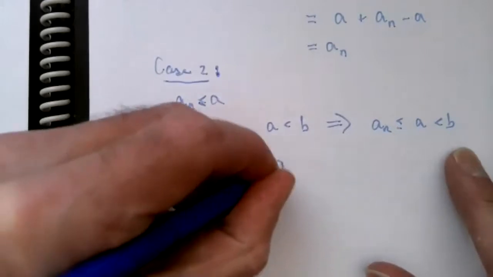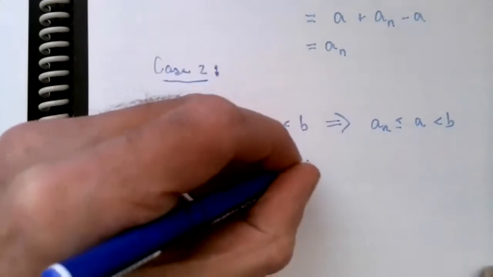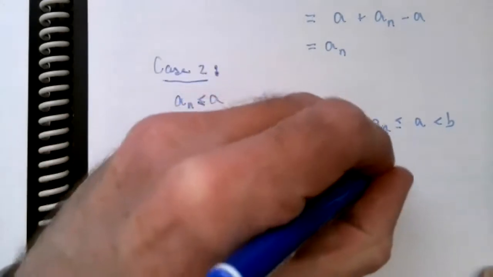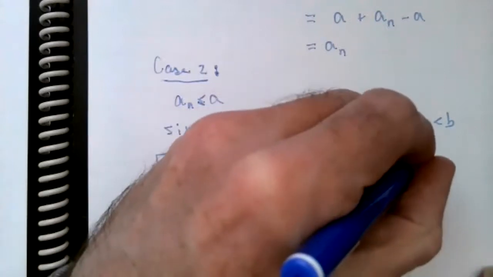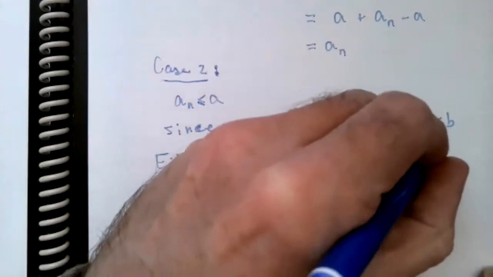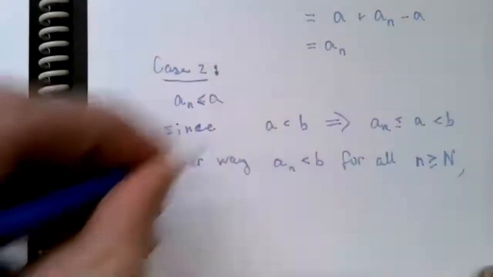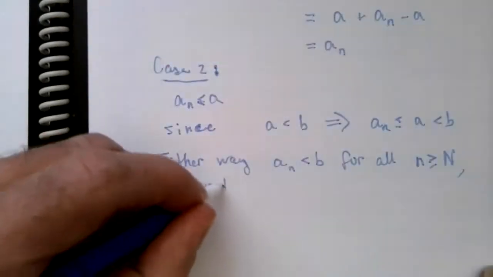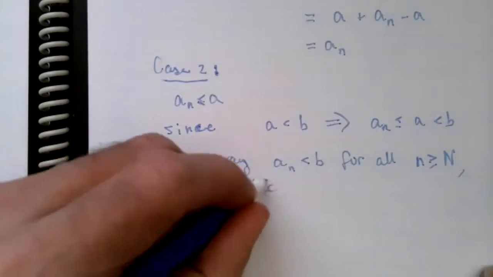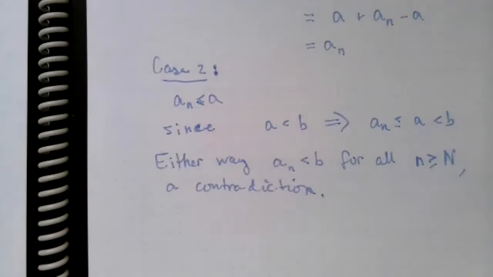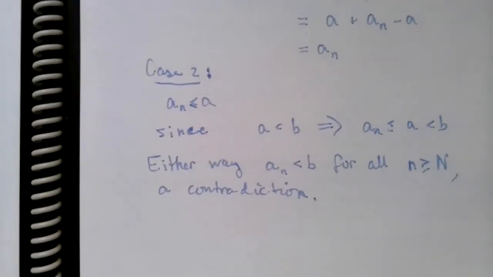Either way, a_n is less than b for all little n greater than or equal to capital N, a contradiction. Okay, so we got our proof there.